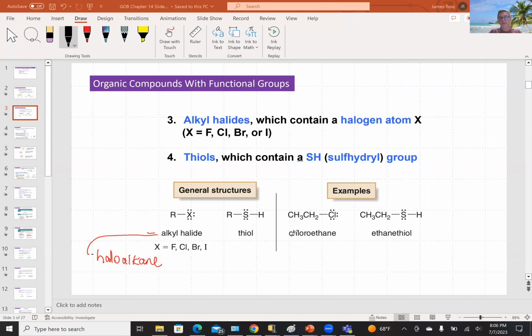Okay, so a specific example of an alkyl halide is chloroethane. And a specific example of a thiol is ethanethiol. As you can see, we give the name of the alkane, the longest continuous chain of carbons. Here it's two carbons, ethane, and then we just have the word thiol at the end. Okay.